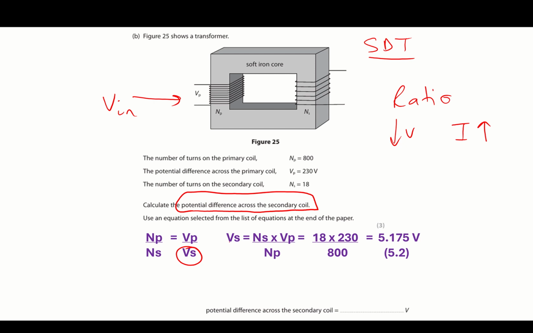So I end up with the voltage on the secondary is NS times VP over NP. If I just explain that, we've got NP over NS equals VP over VS. Well, my first job is divide both sides by VP. So I end up with NP over NS multiplied by VP equals 1 over VS. And the best way to get rid of this reciprocal is flip that over.